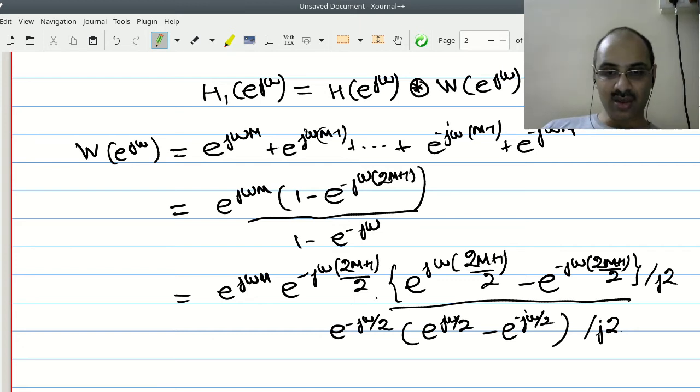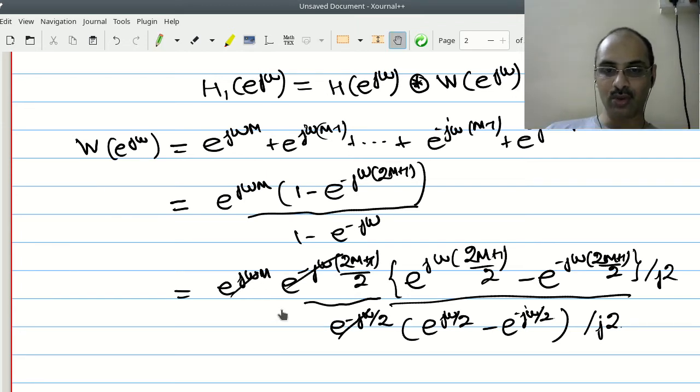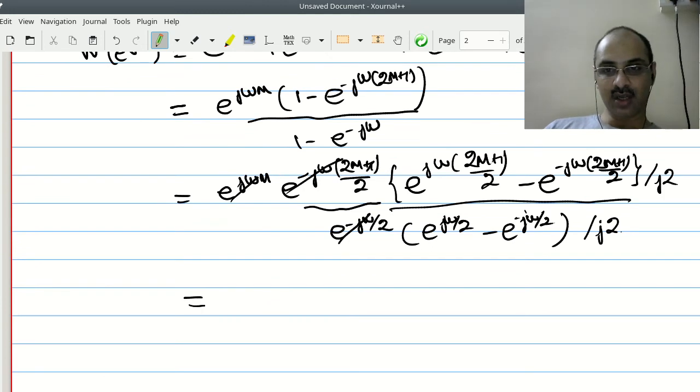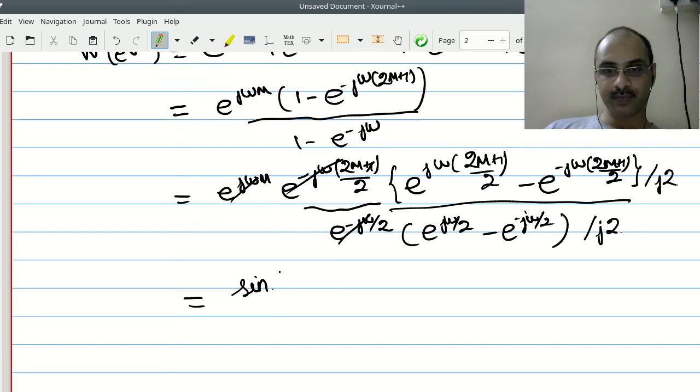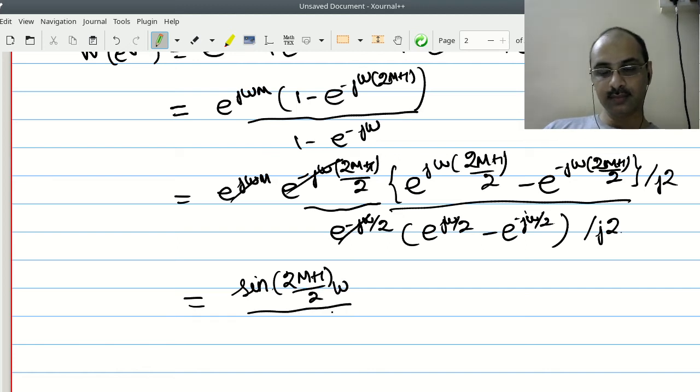Okay, so let's look over here. This e power minus j omega by 2 cancels this one. This e power j omega m cancels this e power j omega 2m upon 2, which means that what remains is essentially sine of (2m plus 1) by 2 times omega, by sine omega by 2.